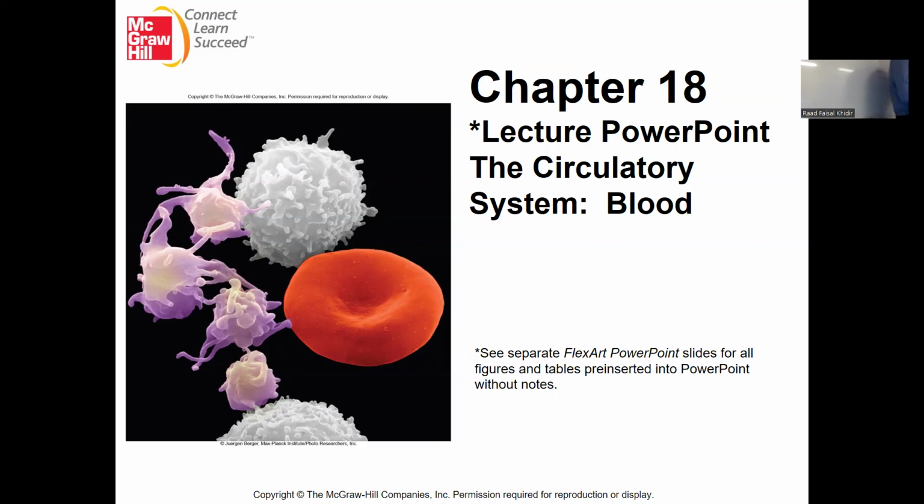So we will be learning that the red blood cells are like the subway. They have an uptown trip and a downtown trip. Each subway line has two different trips, uptown and downtown. So uptown is when we go from the tissue to the lung. And downtown is when we go from the lung back to the tissue.